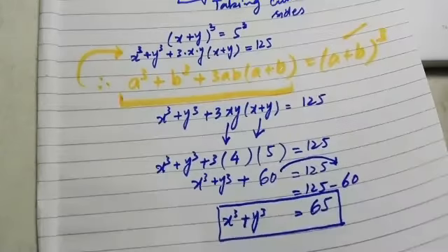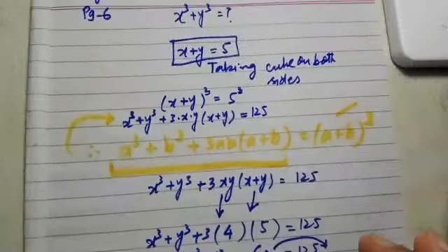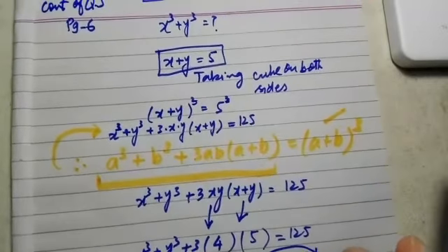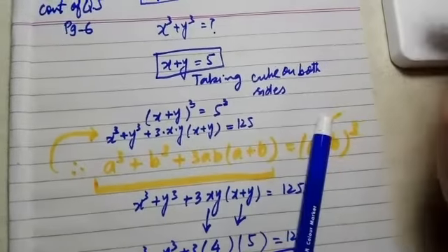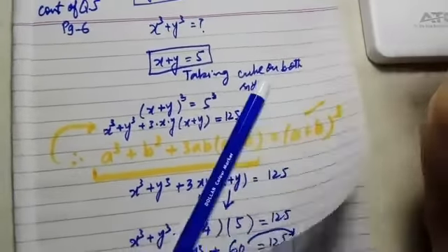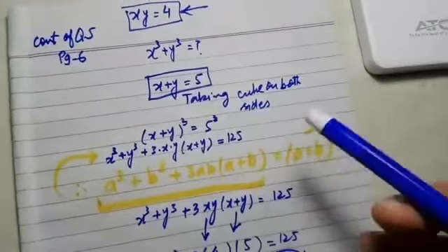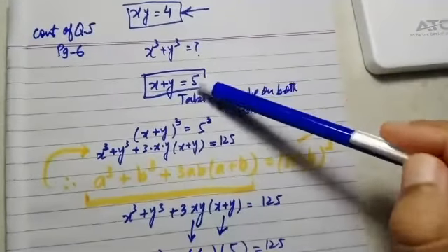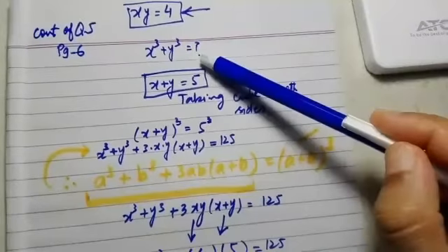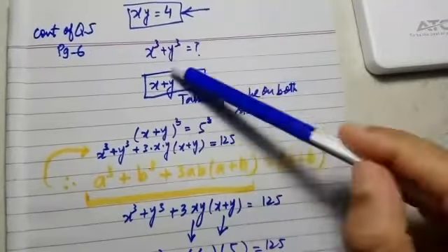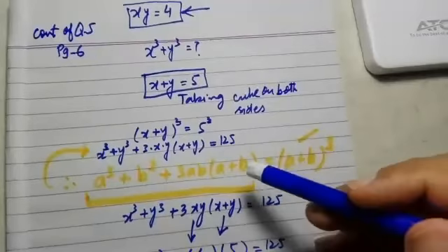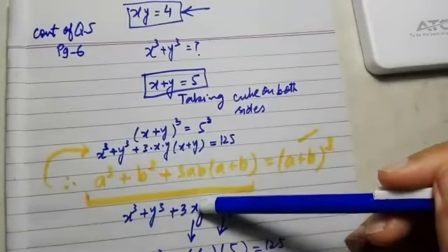You can see that I have first calculated xy, and then I have used it for finding the value of x cube plus y cube. If you start by finding the solution of x cube plus y cube, your question will get stuck, because you will not have the value of xy to put in.